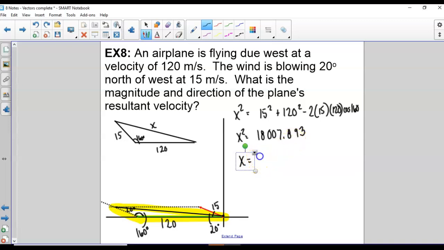We will get 134.193 meters per second. So the airplane is now flying 134.193 meters per second. That is a reasonable answer because it's a little bit faster than 130 and 120. But not so much faster that it wouldn't make sense.